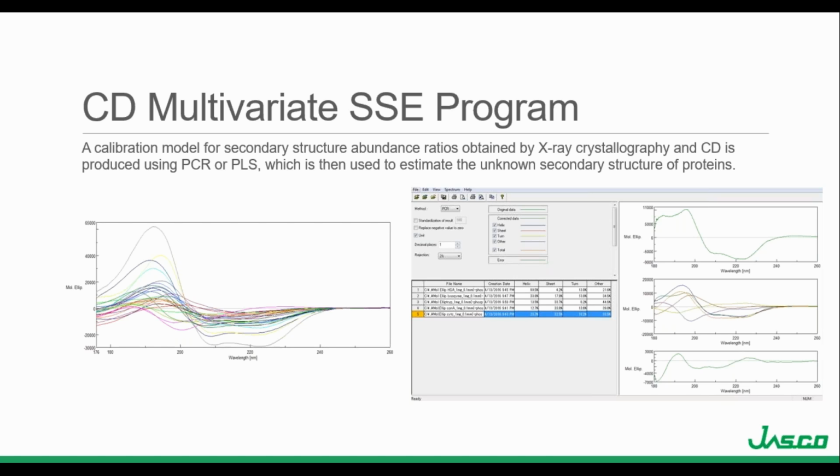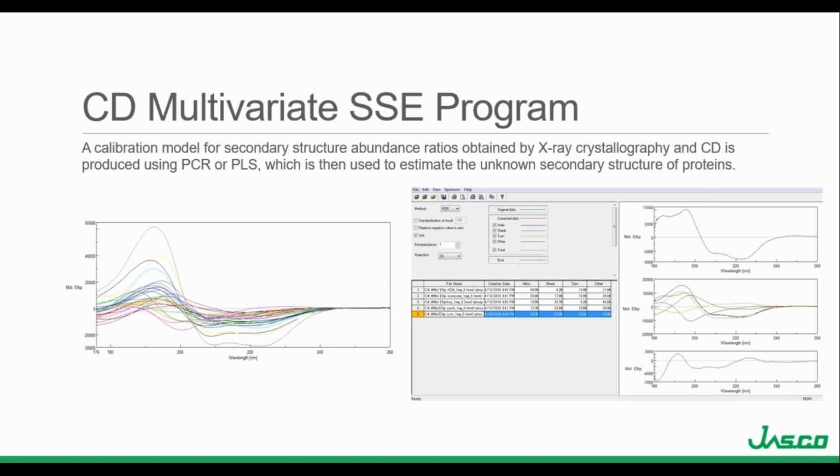This data can be found in the protein database, or if you have access to an XRD, you can acquire that crystallography data yourself. A CD spectrum of that exact protein sample is then obtained, and then using principal component analysis, or partial least squares in the case of our program, the calibration model constructed is used to estimate the unknown secondary structure of a measured protein spectrum.